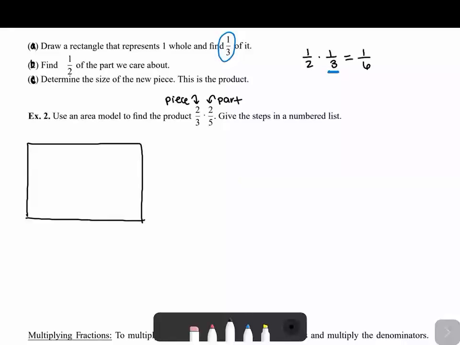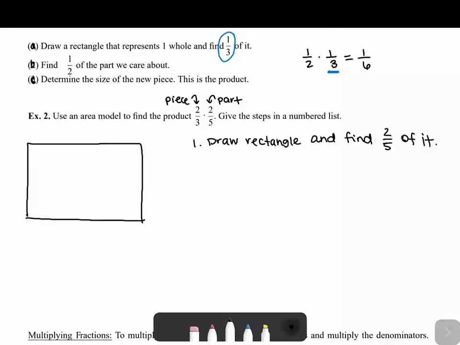So the first thing we need to do is draw a rectangle, which is going to be one whole, and find 2/5 of it. So 2/5 is the part that we start with. We're going to find 2/5 of this.